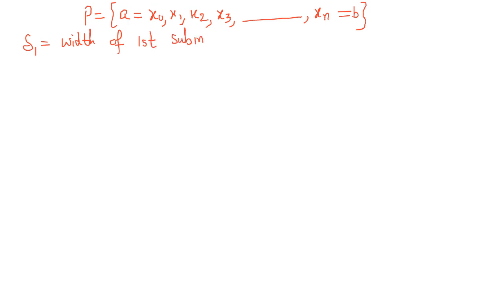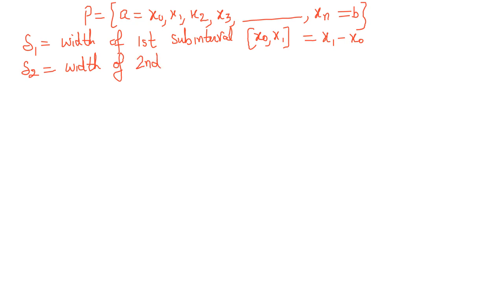What is the first subinterval? The first subinterval is x naught, x1, so it will be x1 minus x naught. Similarly, delta 2, that is the width of the second subinterval x1, x2, so it will be x2 minus x1.